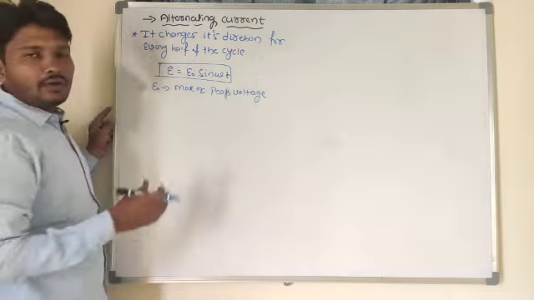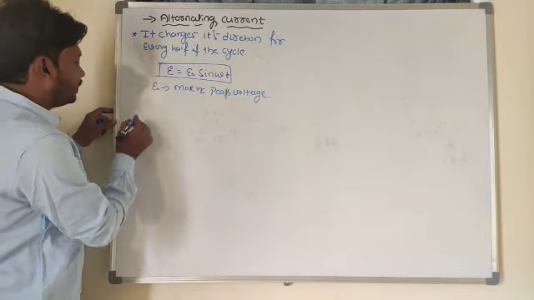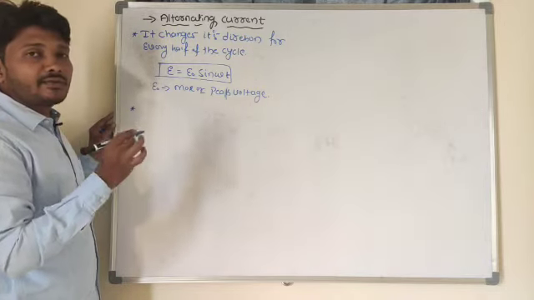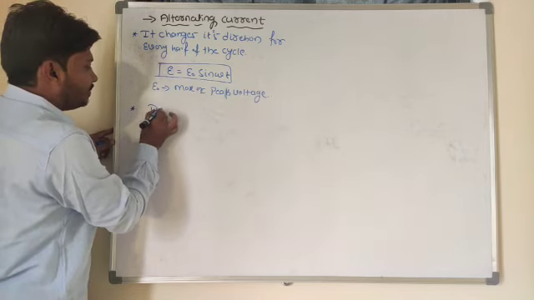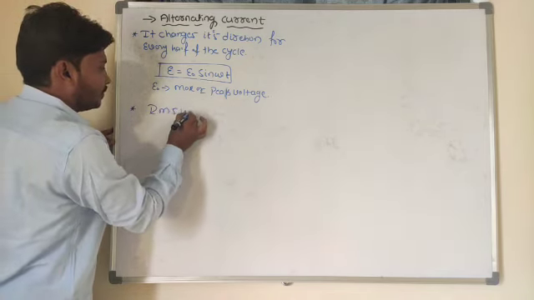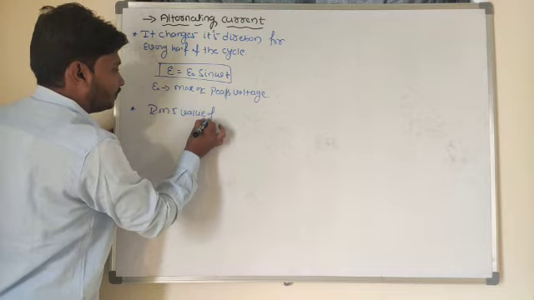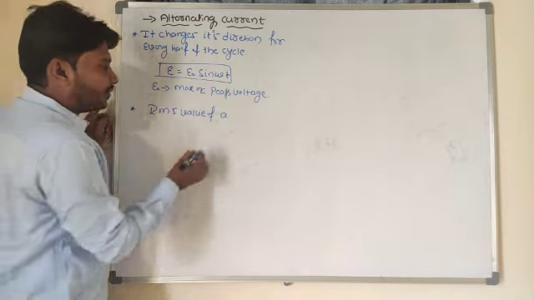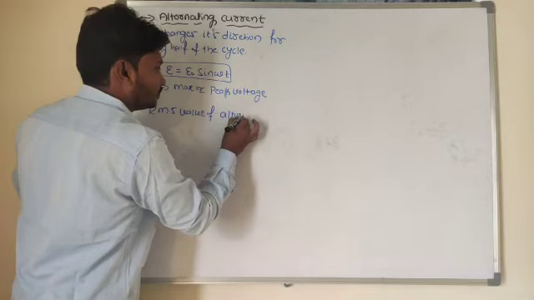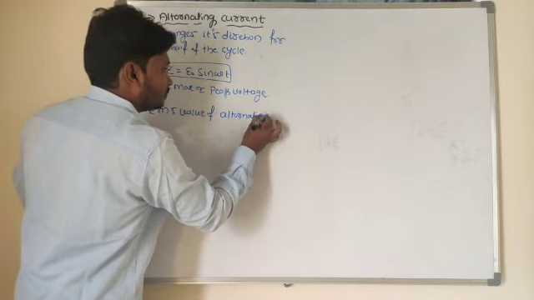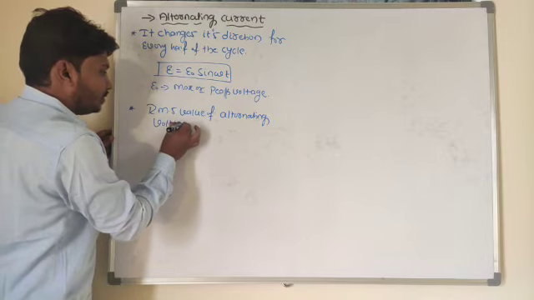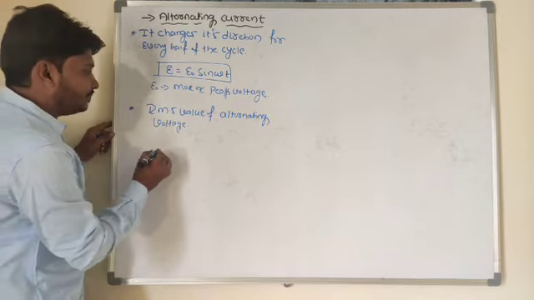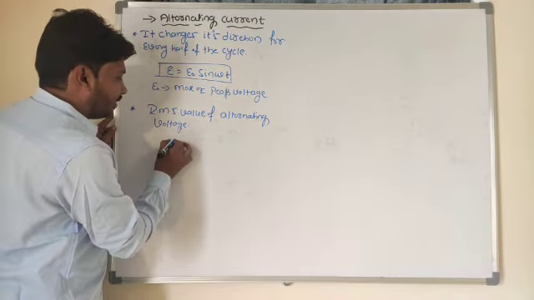From the concept of alternating current, we can understand the root mean square value of alternating current and alternating voltage. So what is the mathematical expression for the RMS value of alternating voltage?